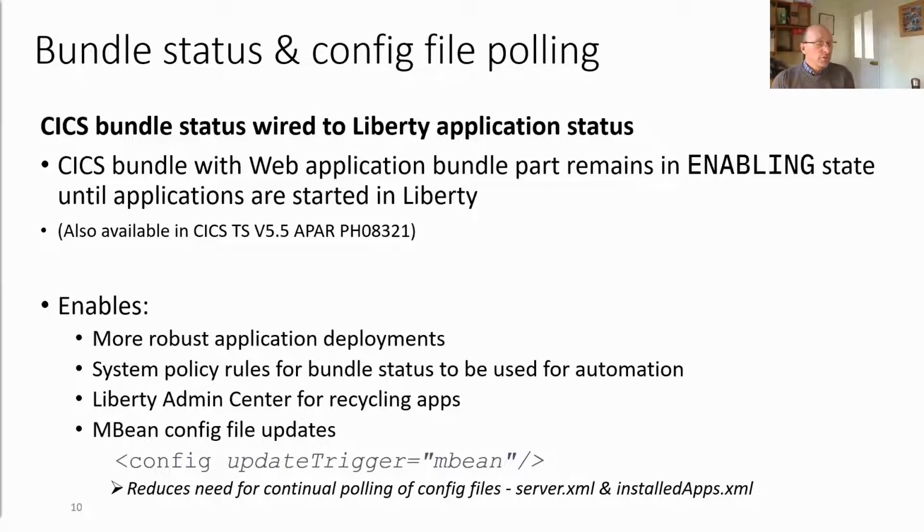So this is a more efficient means for updates. If you move to this mechanism, it will reduce the ZFS IO usage, so reduce the EXCP counts in your region, because you haven't got that continual polling looking for updates on the server XML and the installed apps XML files.